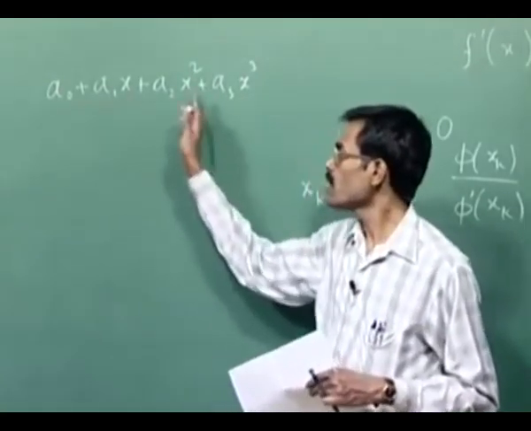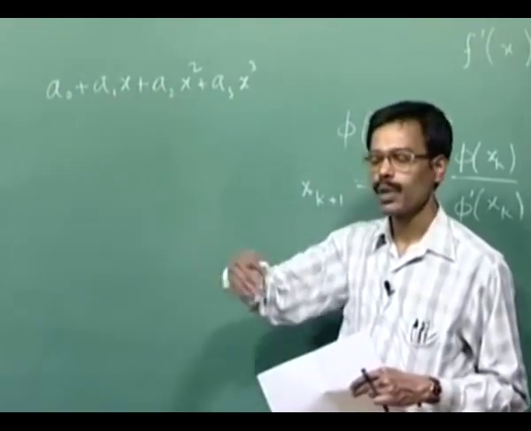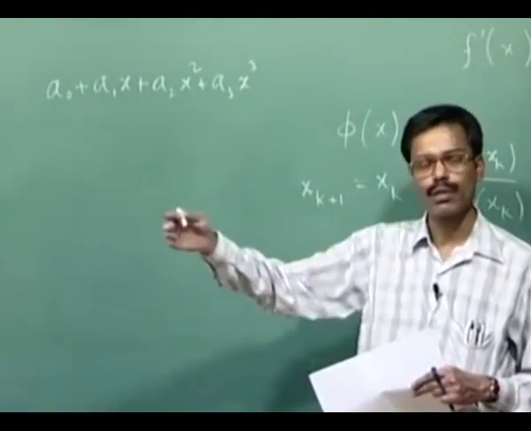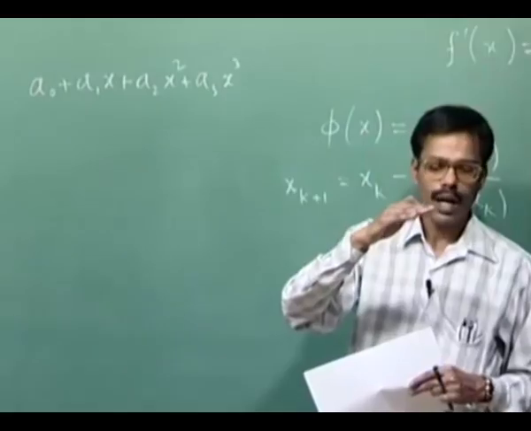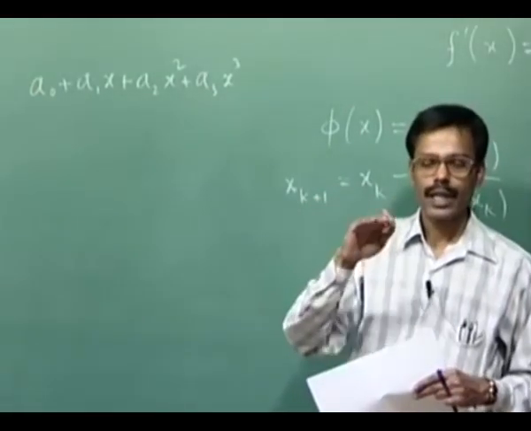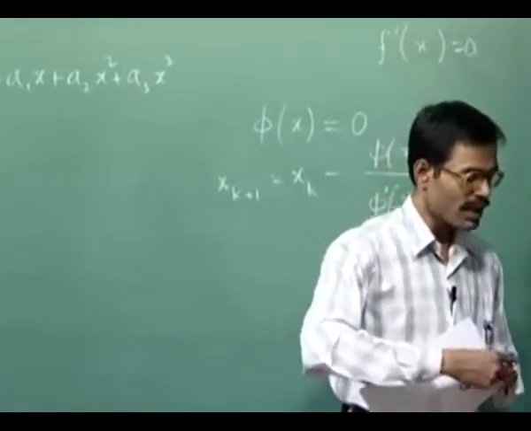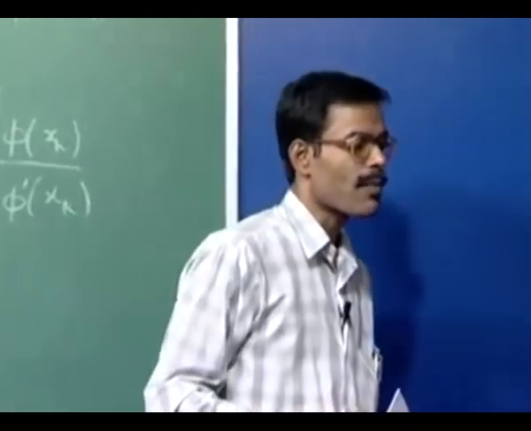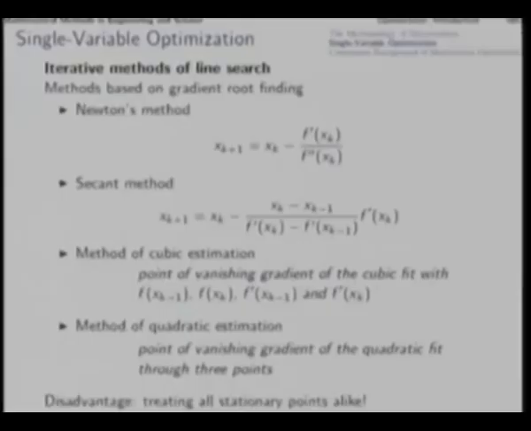By fitting that quadratic with 3 coefficients, with the help of 3 function values, and then asking for its gradient to vanish, it gets the new point. So, this method is the method of quadratic estimation, in which only function values are used, no derivatives.